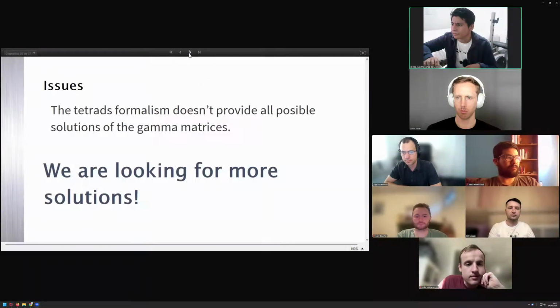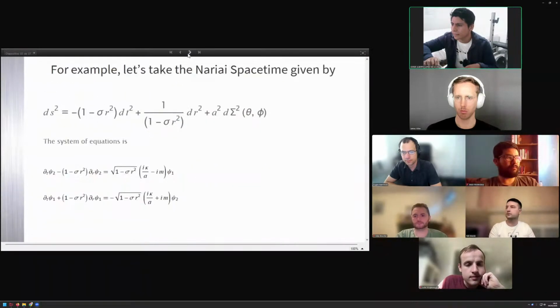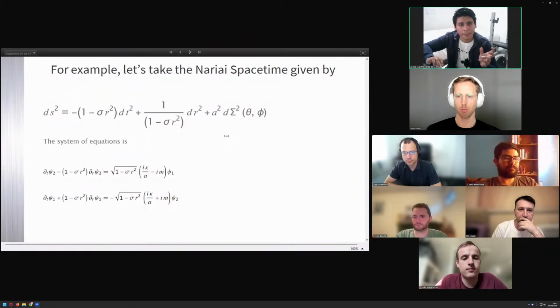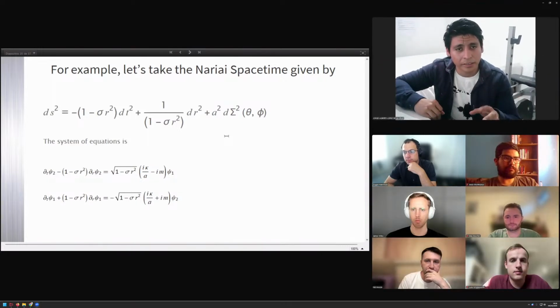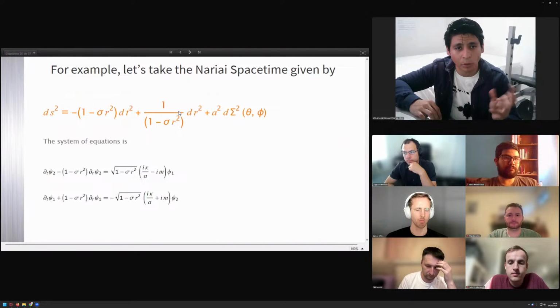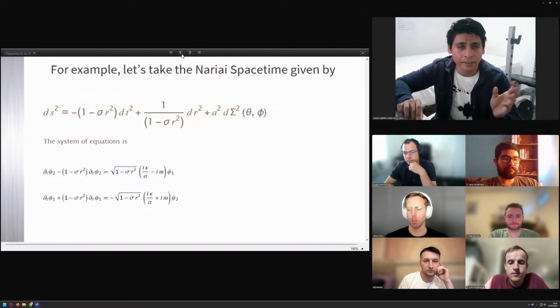Also, we have this Nariai spacetime. It's a stationary spacetime. It is not rotating, and it has no electric charge. So there is another generalization of this work. We want to describe, for example, rotating charged black holes in n dimensions.